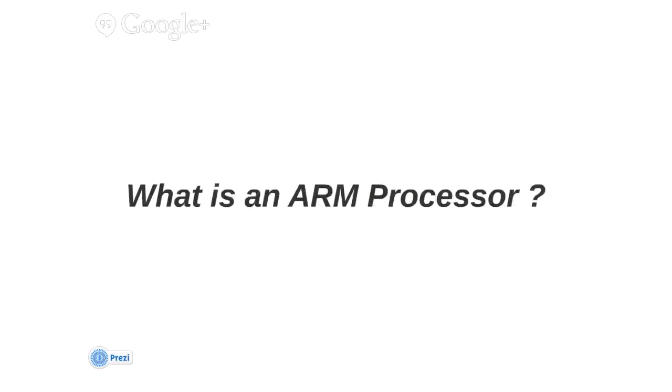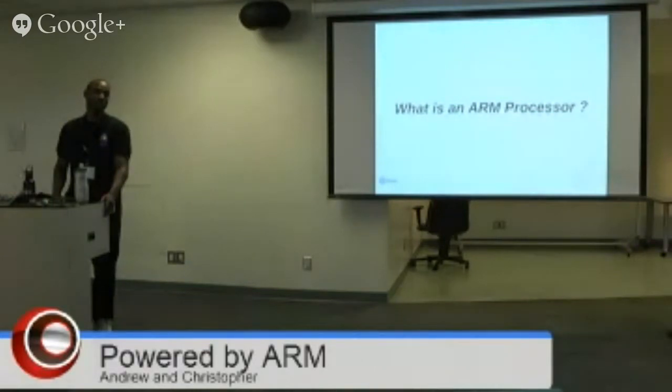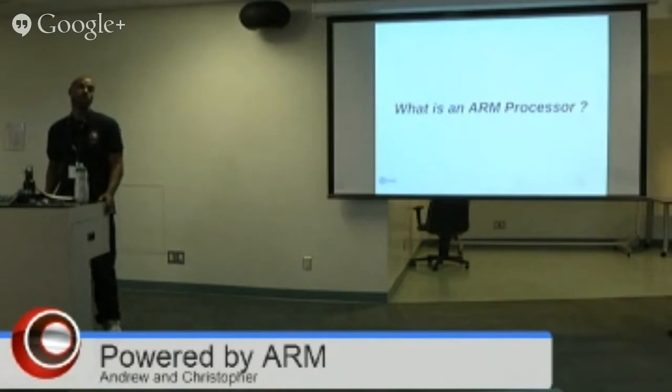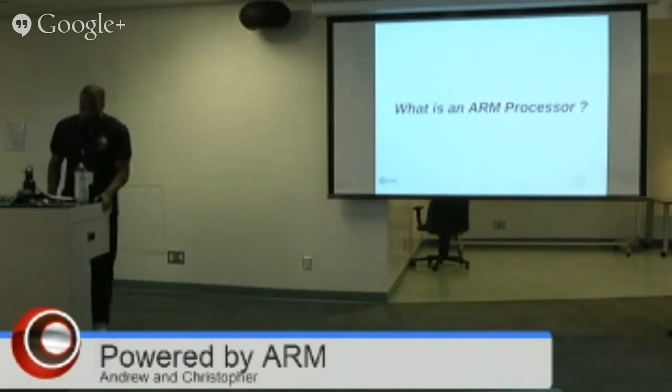Can you give me a brief definition of what you think it is? It's basically an Advanced RISC Machine, and RISC machines are reduced instruction set computers, right? And what does this mean exactly?